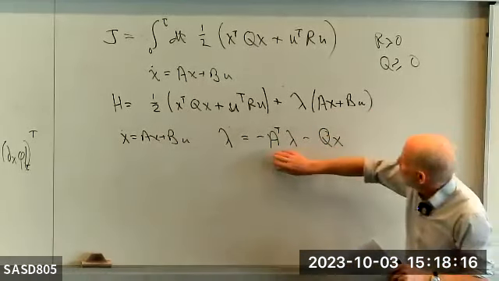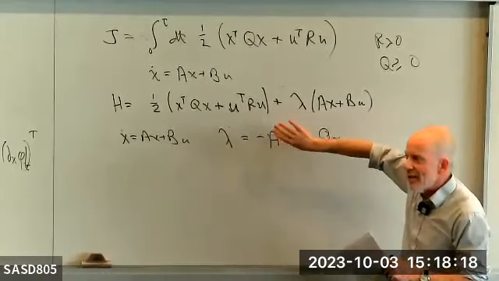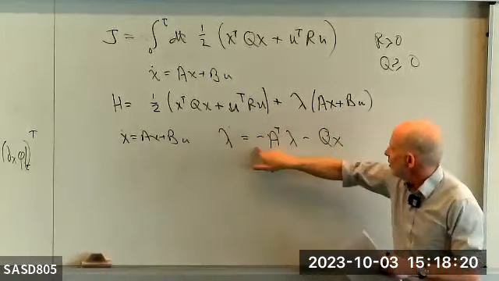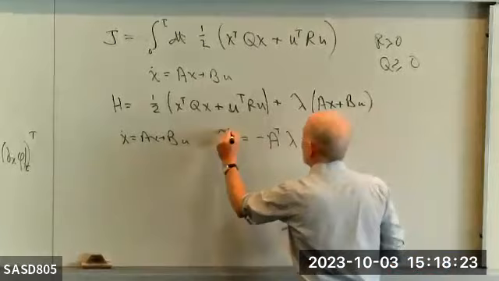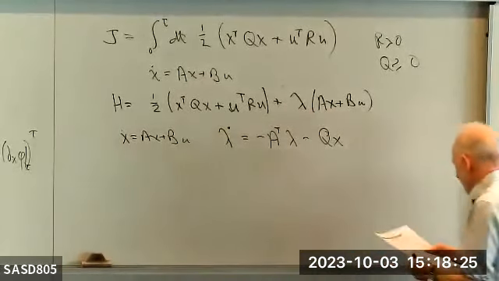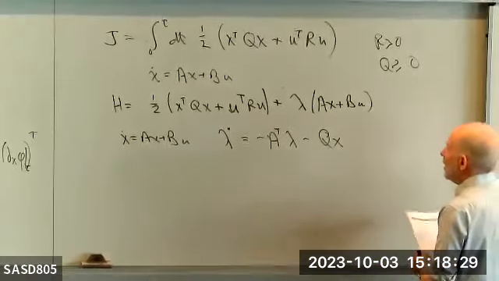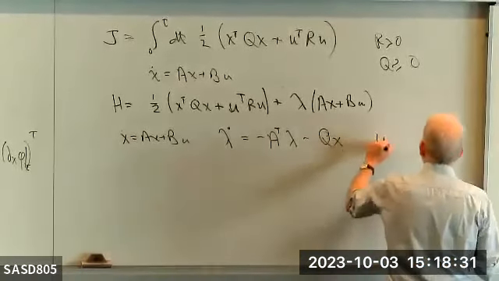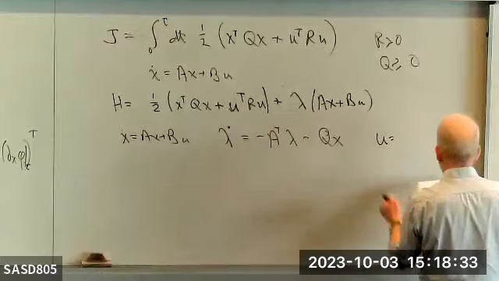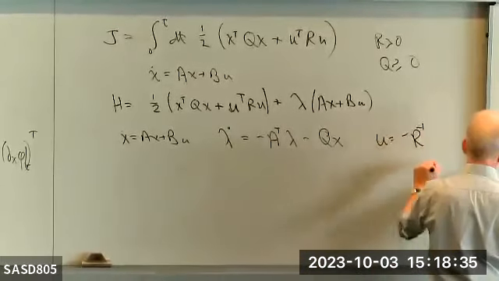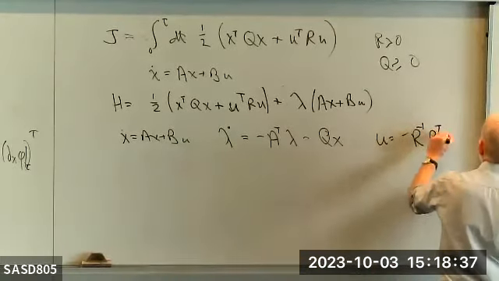So we can see again, this is the adjoint dynamics. The A has come in through its transpose, and there's a minus sign for essentially going backwards in time. And then the final equation is u is negative R inverse B transpose lambda.